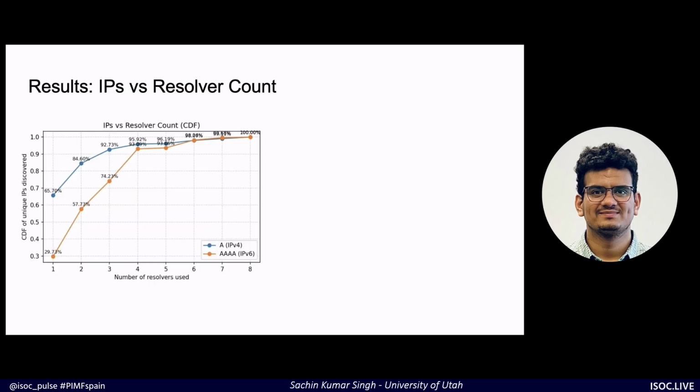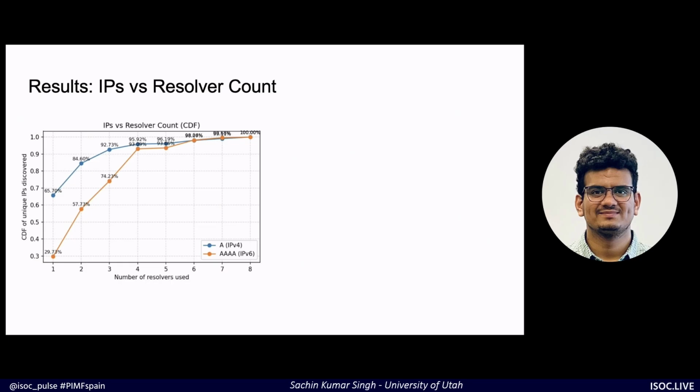So this plot shows how the percentage of IPs we recorded increased with the number of resolvers we used in our approach. The blue line shows IPv4 and the orange line shows IPv6. The x-axis shows the number of resolvers used, and the y-axis is just a CDF.